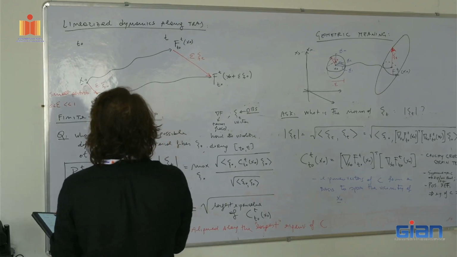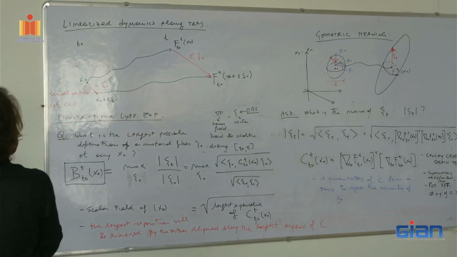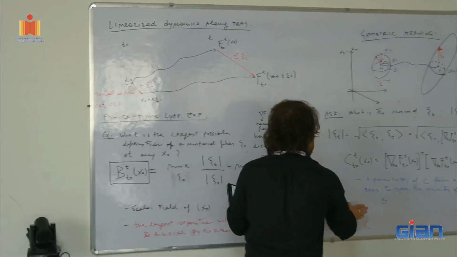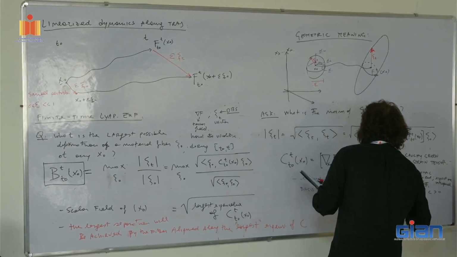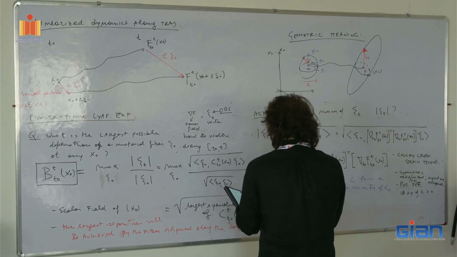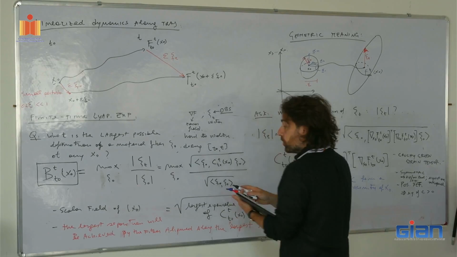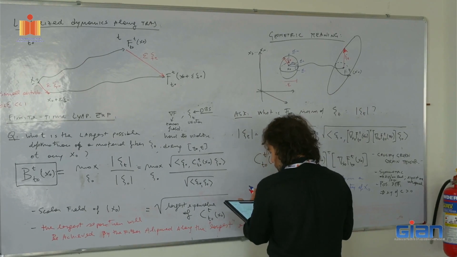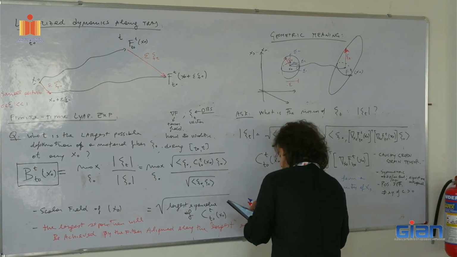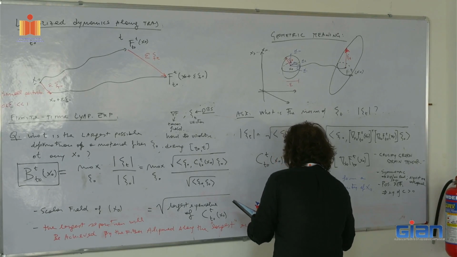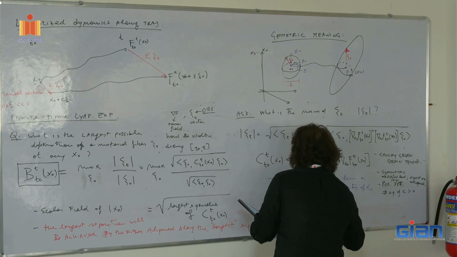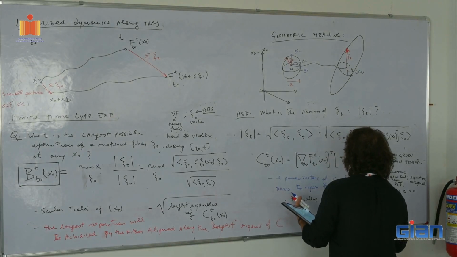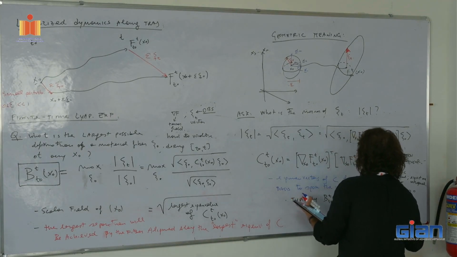Now the last little bit is that this separation typically grows exponentially. At least in nonlinear systems or in chaotic systems, B typically grows exponentially with time.